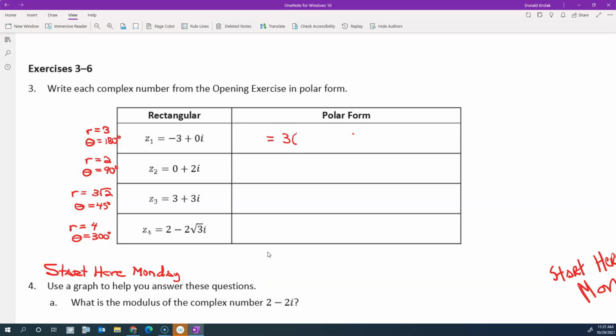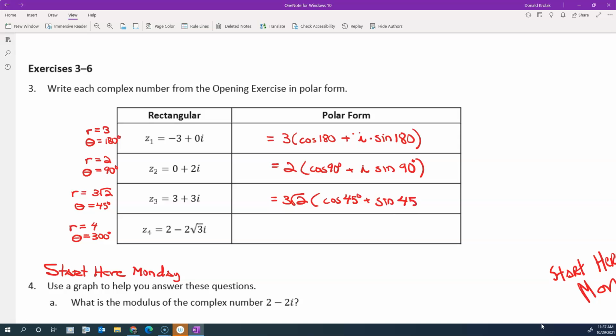This would be 3 cosine 180 plus i times sine 180. And we'll stop there.